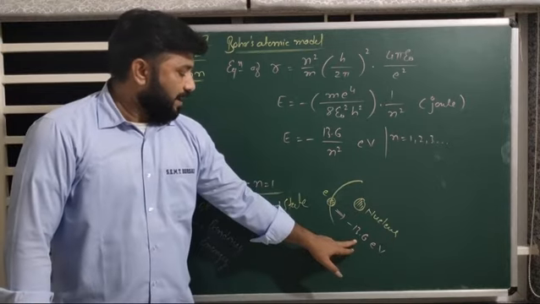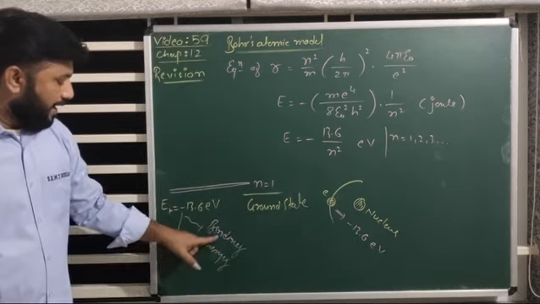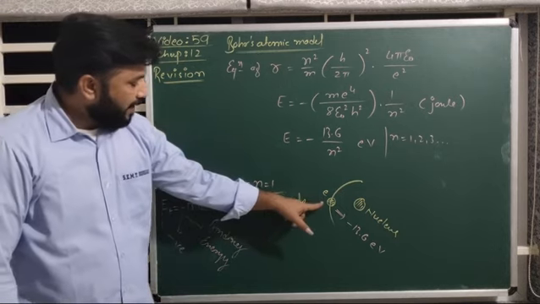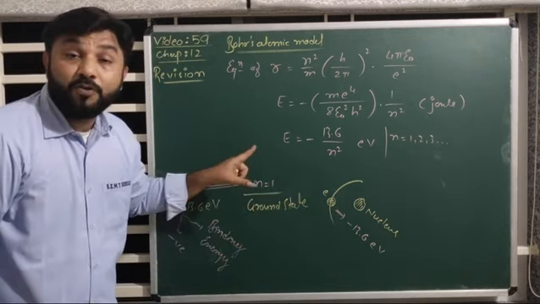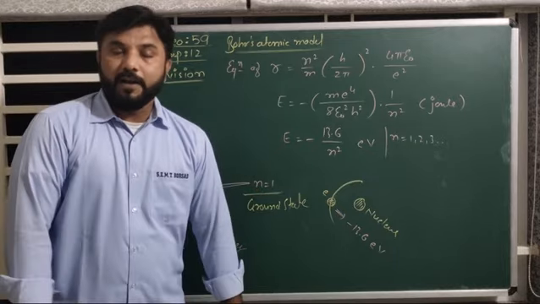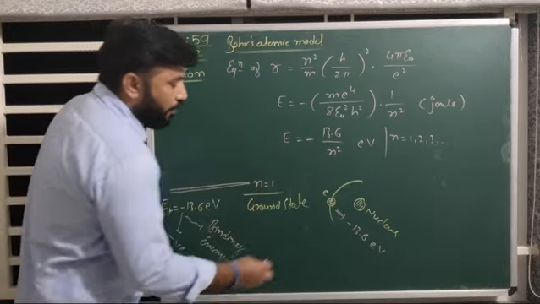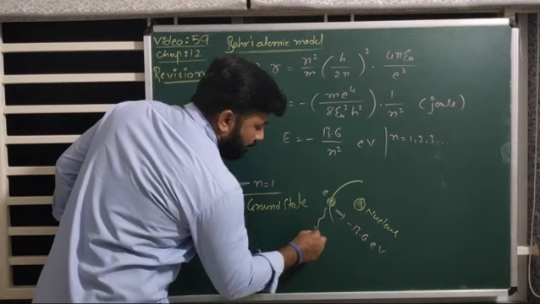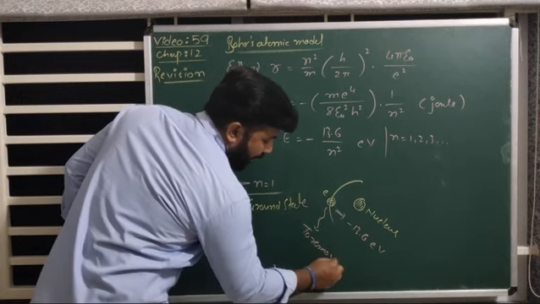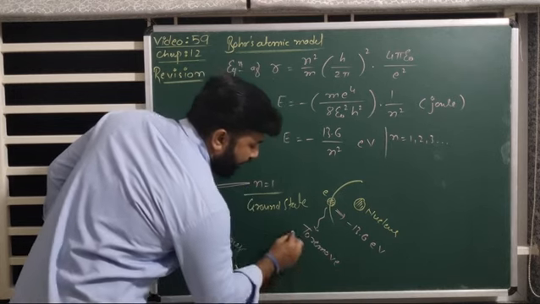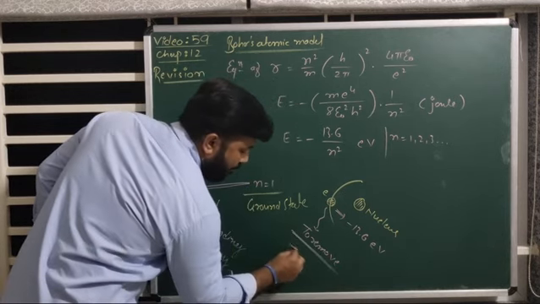So this energy is known as the binding energy of an electron present in the ground state, meaning n is equal to 1. Clear? If you want to remove this electron, then what do we have to give?